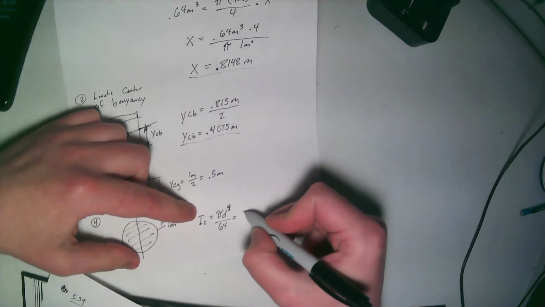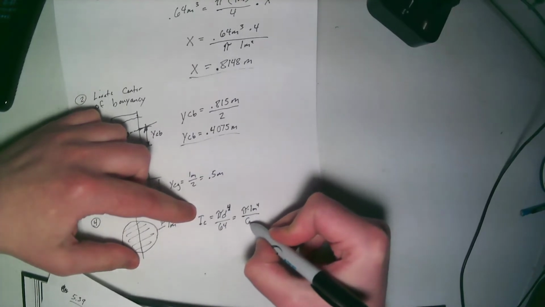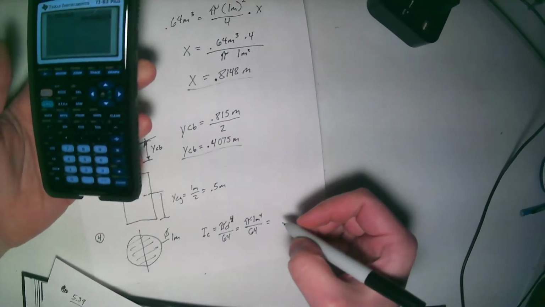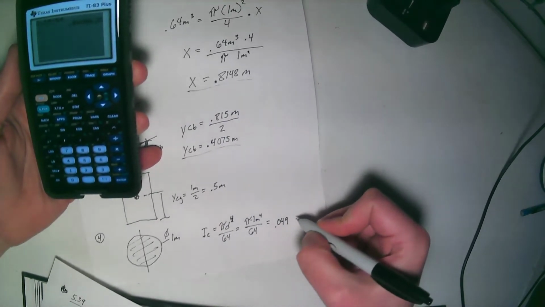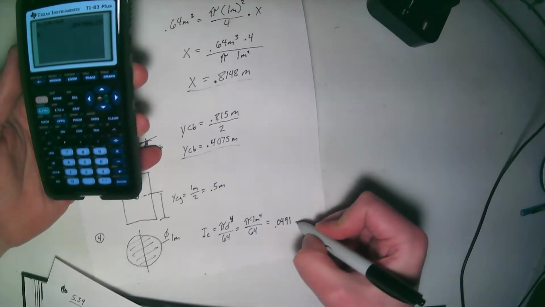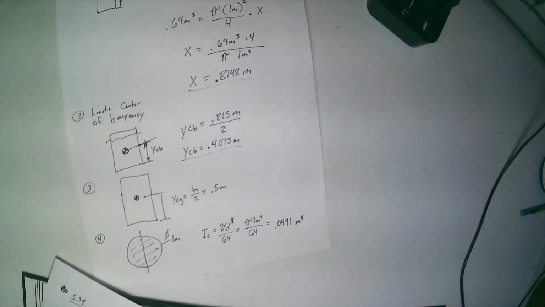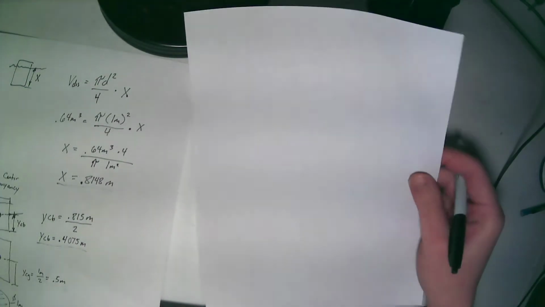So we have pi times 1 meter to the 4th, all divided by 64. Just to make sure I don't make a mistake, punch that in my calculator. 3.14 divided by 64, almost 0.05. So 0.049, and this is meters to the fourth.